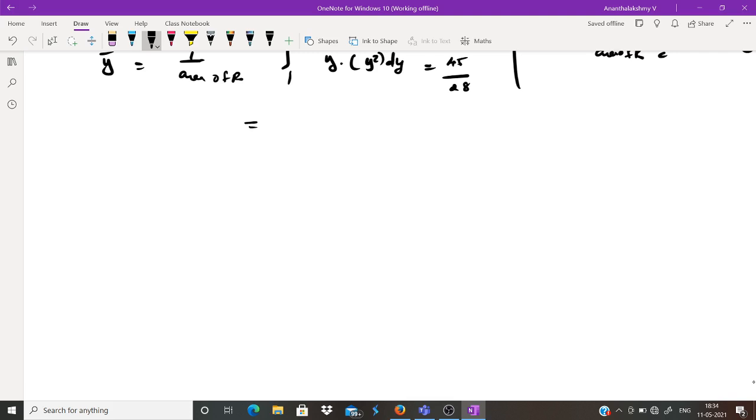Next is an important theorem, a 1 mark question: the theorem of Pappus.